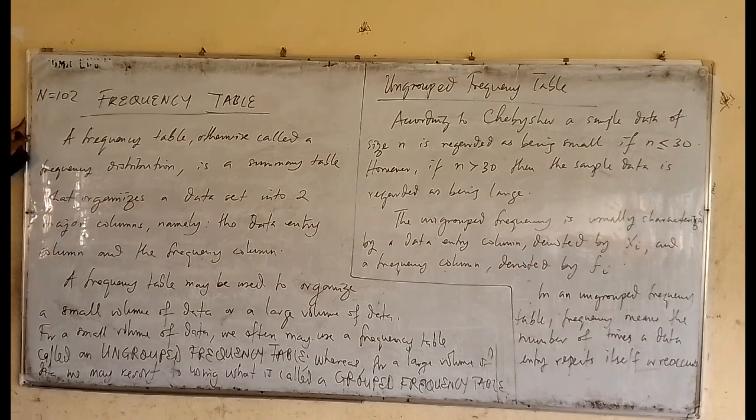But if you say 102 is too much to handle and you want to consider just 40 or 30, that 40 will be called small n, the sample size, while the 102 will be called the population size. Is it clear?